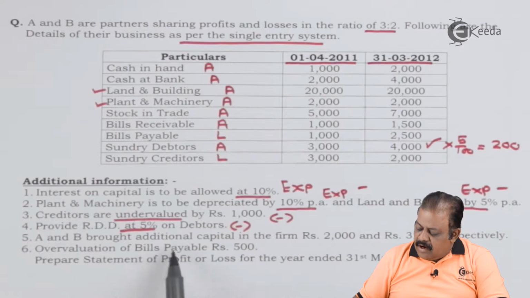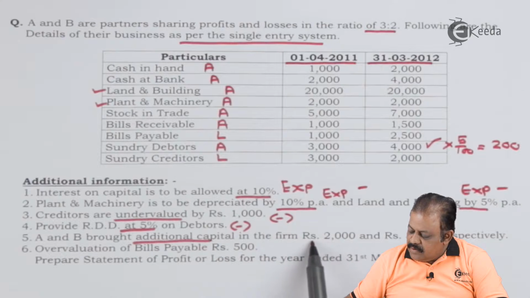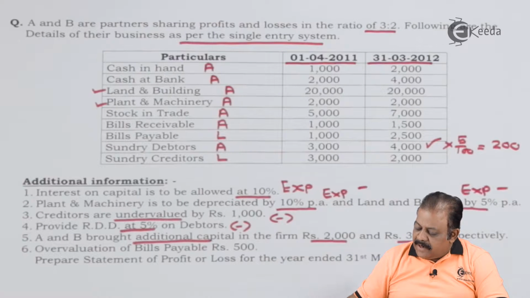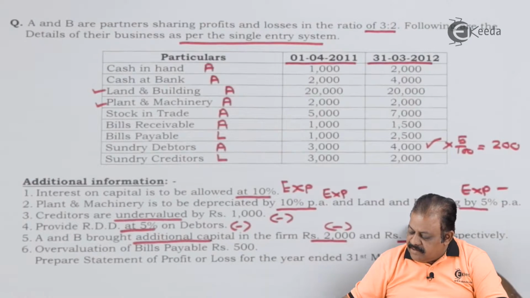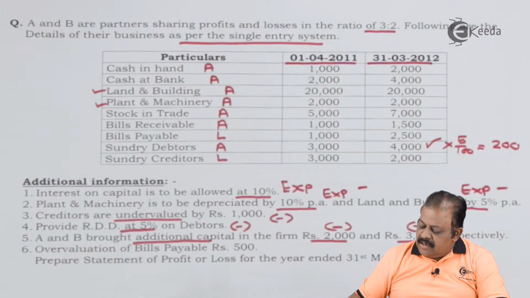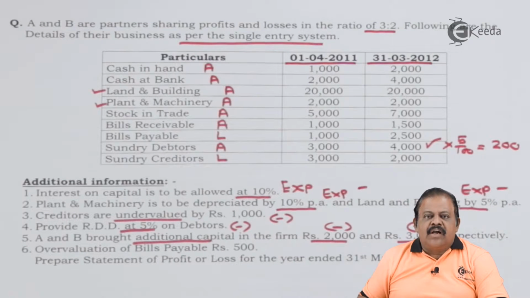A and B brought additional capital in firm rupees 2,000 and 3,000 respectively. Additional capital brought by the proprietor will be deducted while preparing statement of profit and loss. Here the date on which capitals are brought is not given.